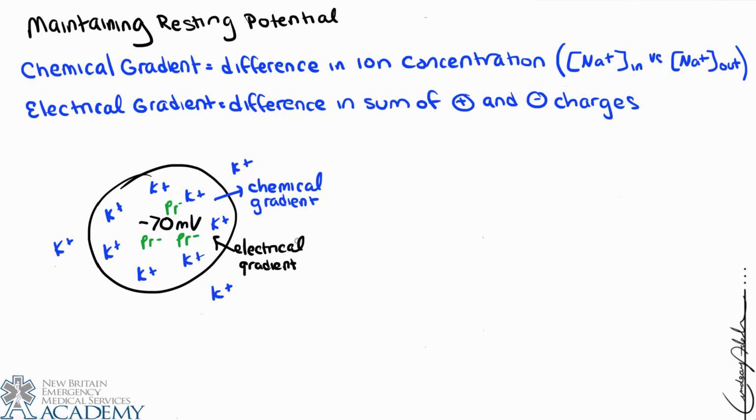It turns out that the chemical gradient is actually a much stronger force than the electrical gradient for potassium. And so we have a net flow of charge out. Given the opportunity to move in any direction down the gradient, when we consider the chemical factors and the electrical factors together, the net flow is going to be out of the cell. That's where the potassium wants to go.